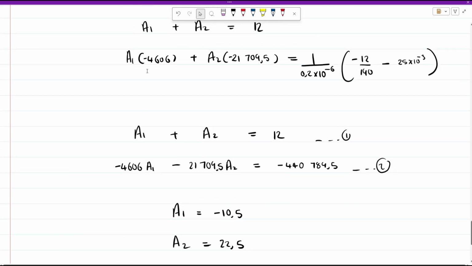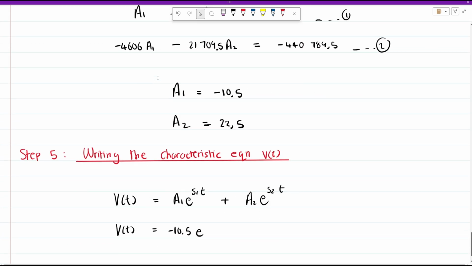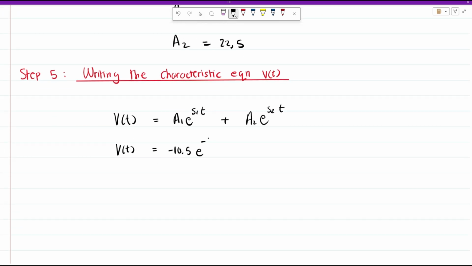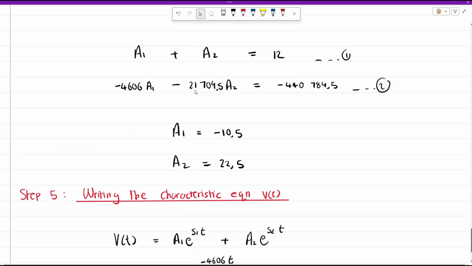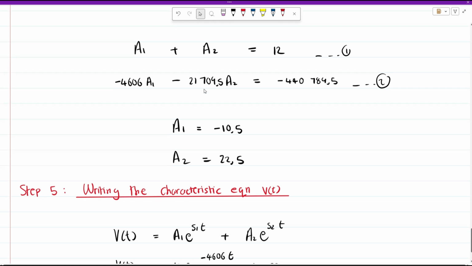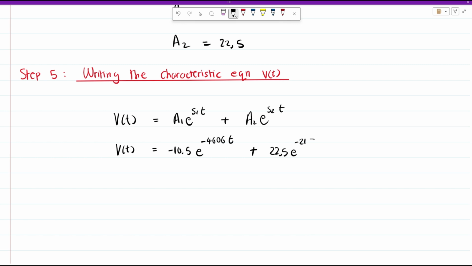The first root is minus 4,606, so we're going to have minus 4,606 t, don't forget the t, plus A2, which is 22.5, e to the second root, which is minus 21,709.5. So you're going to have minus 21,709.5 multiplied by t.